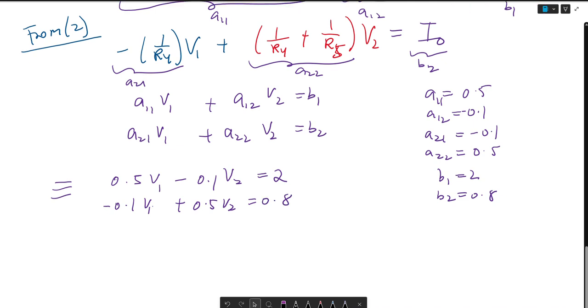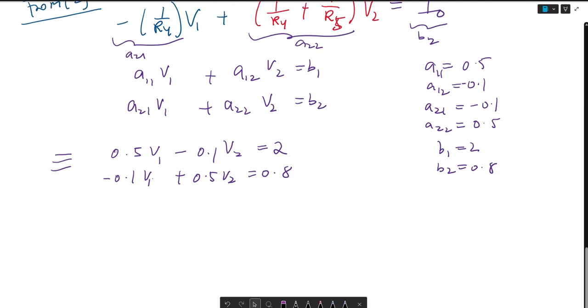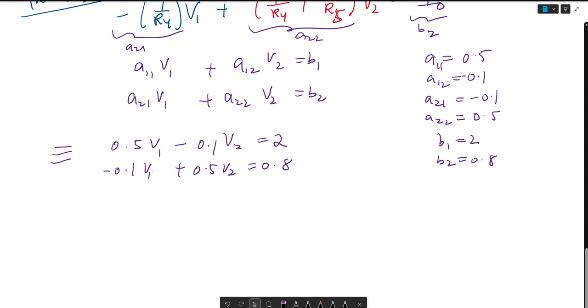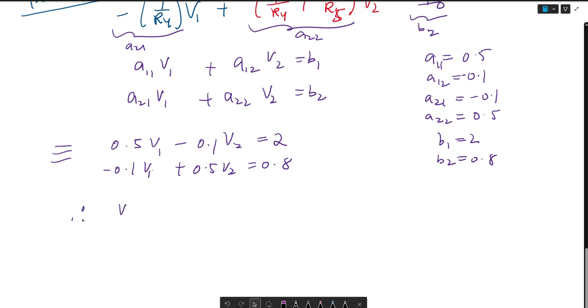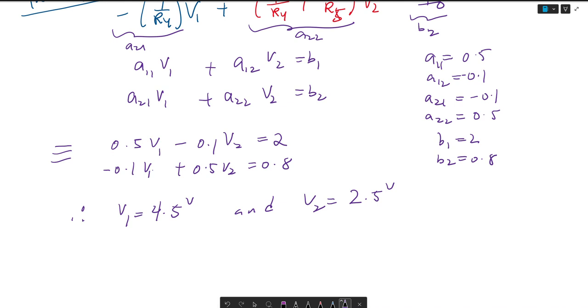When you solve these two equations, two unknowns on a calculator or MATLAB or anywhere online, you would get that V1 is equal to 4.5 volts and V2 is 2.25 volts.